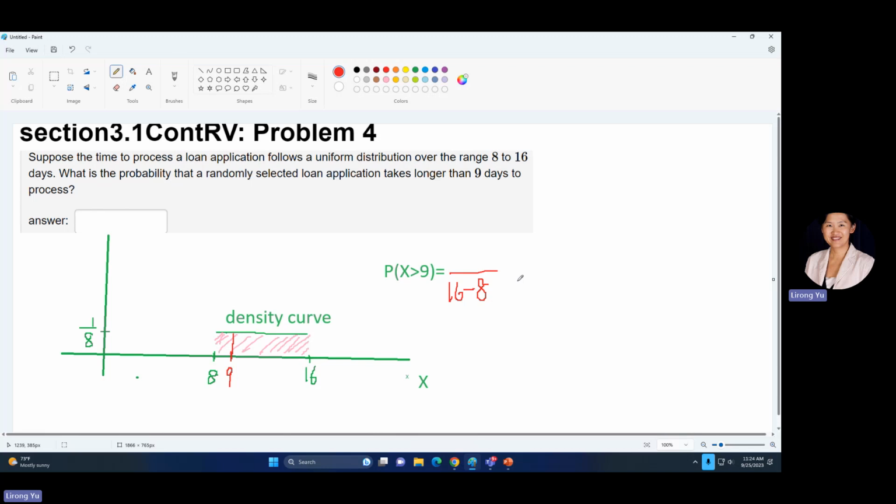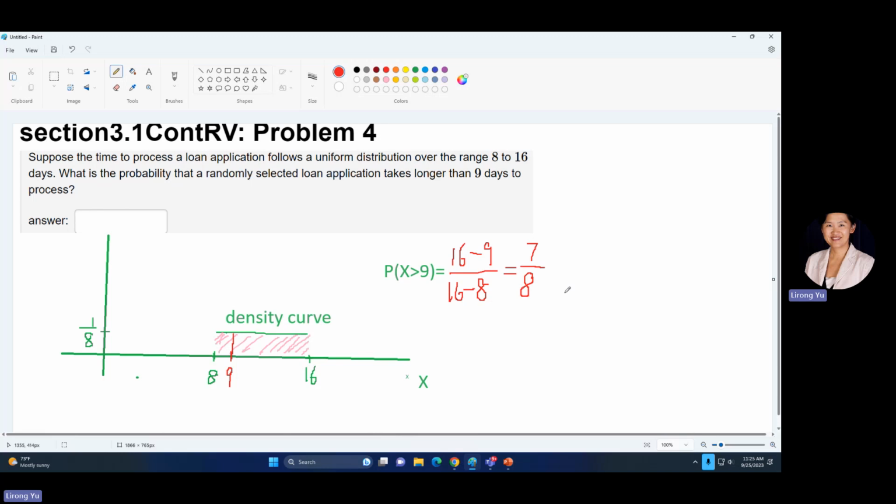You might want to go to 17, but in real life you have to talk to the bank. They may tell you it's between 8 to 16, but it's possible it's 17 days, because with real life data nobody is going to stop that from happening. But in the model, 8 to 16, the numerator will be 16 minus 9, because the lower bound is 9 and the upper bound is 16, if the model is true. So we have a probability of 7 over 8.